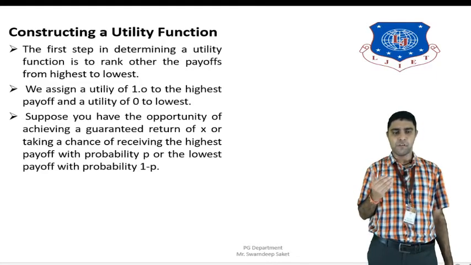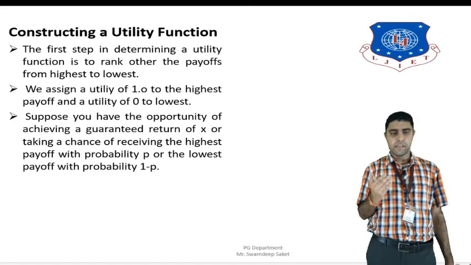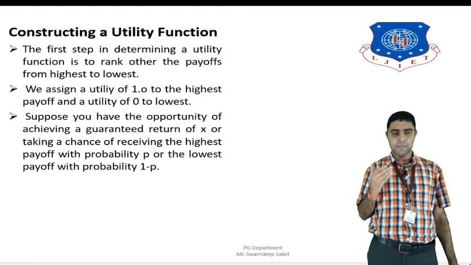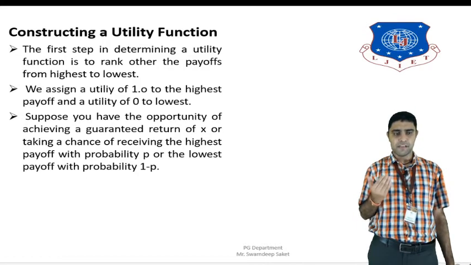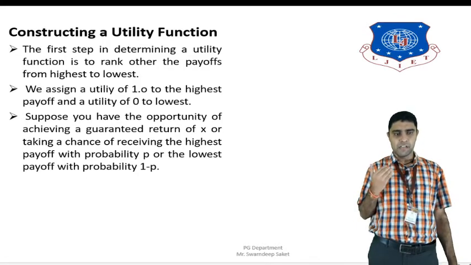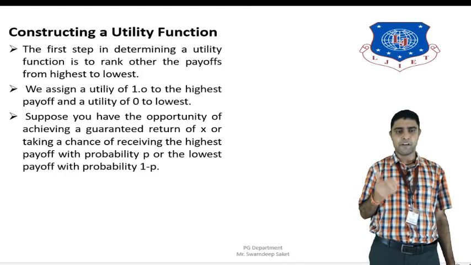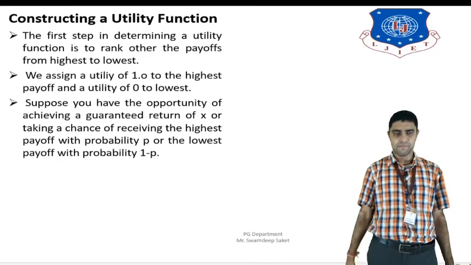If P is 1, then 1 is used as the utility value, that is the best case. If it is the worst case, then utility 0 is used. This is about constructing the utility function, and how it plays an important role in decision making analysis.